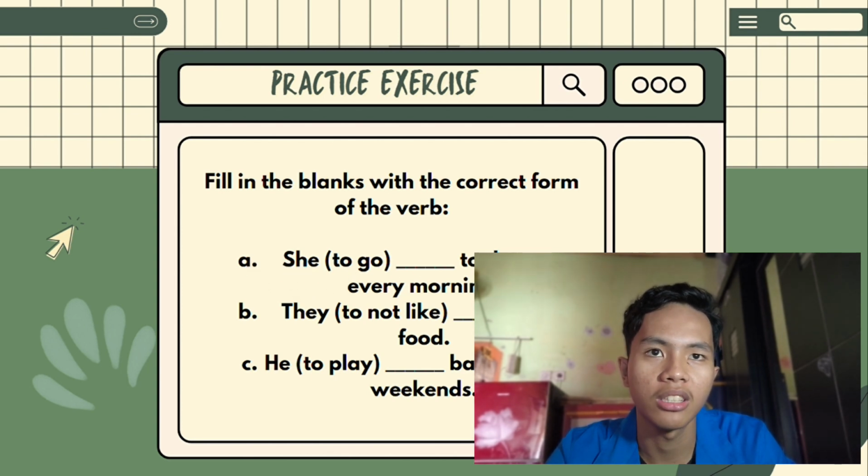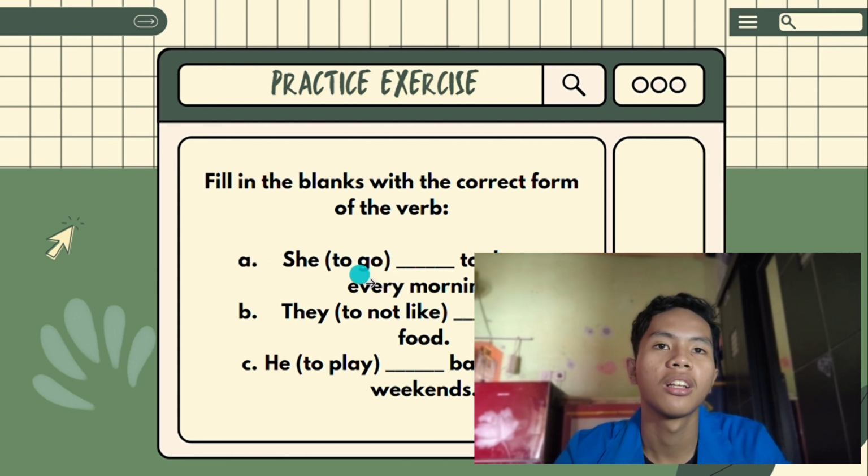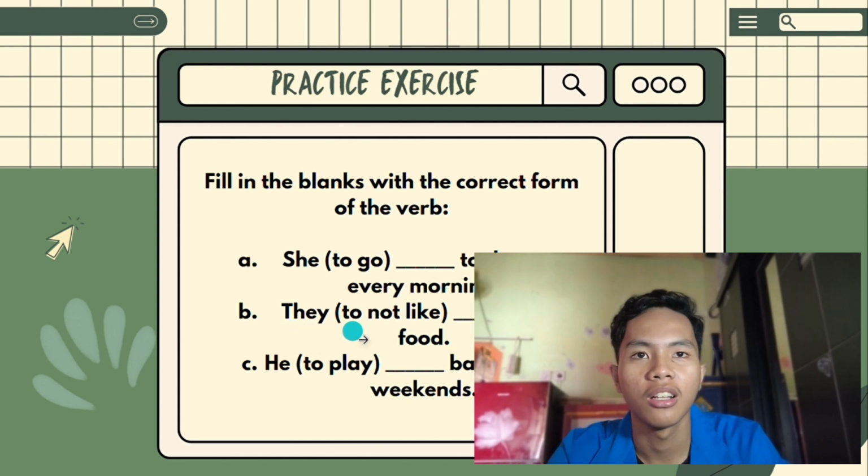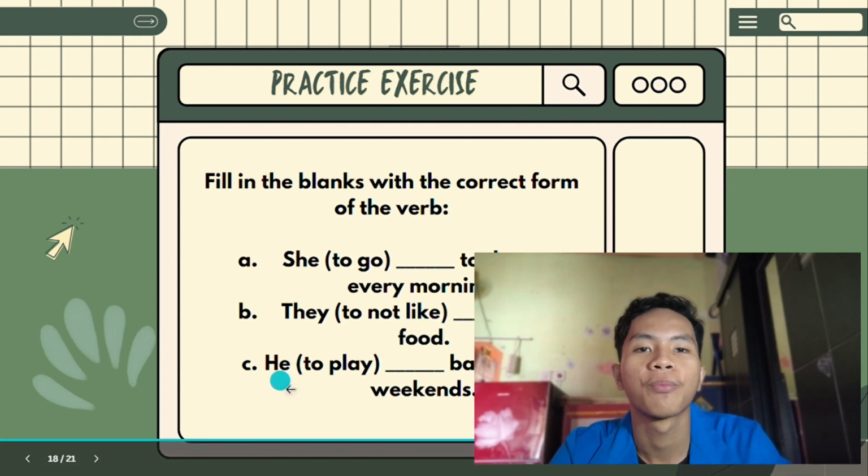She is third person singular, so the verb is used as not go, but she goes to the gym every morning. B. They do not like blank spicy food. Do not like. They is not third person singular, so they do not like. They don't like spicy food.